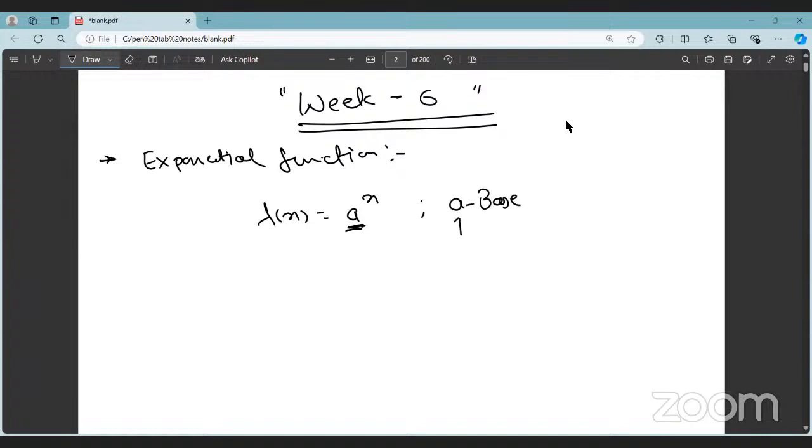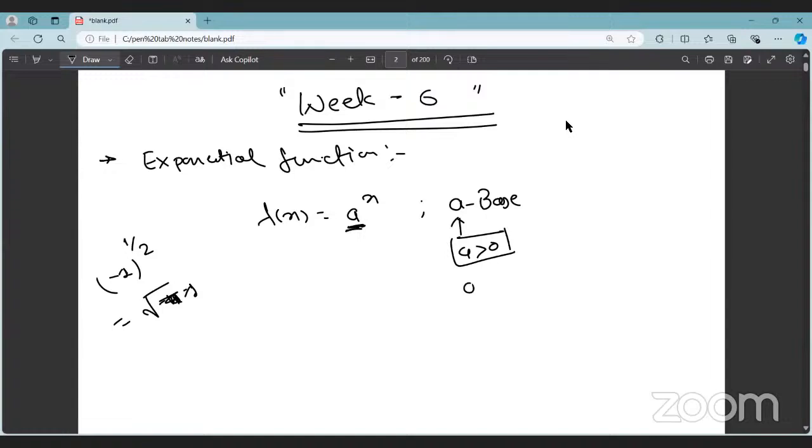First, this a should be strictly greater than 0, that means positive, because if you take any negative number and raise it to a rational power, for example minus 1 to the power 1 by 2, this root of minus 1 is not defined. It's not a real number. So that's why we restrict a to be positive, right?